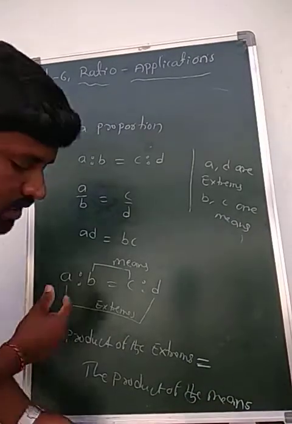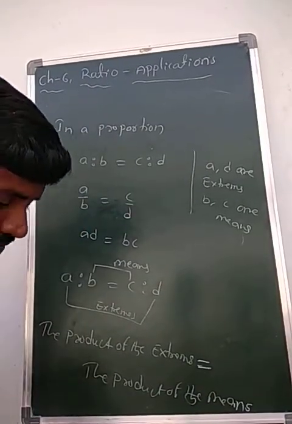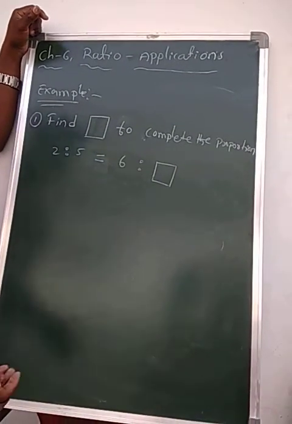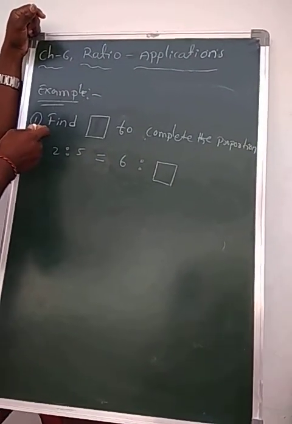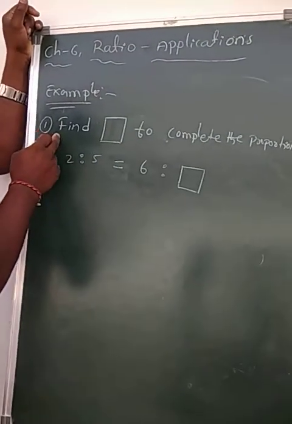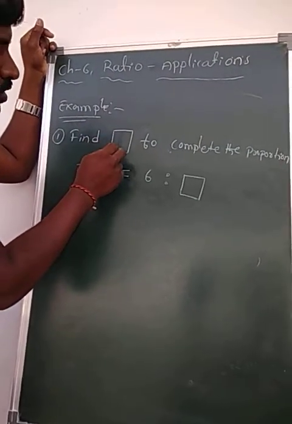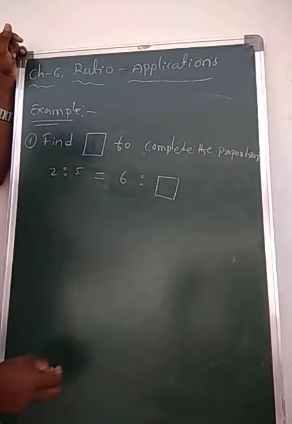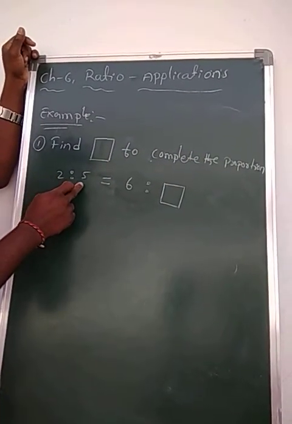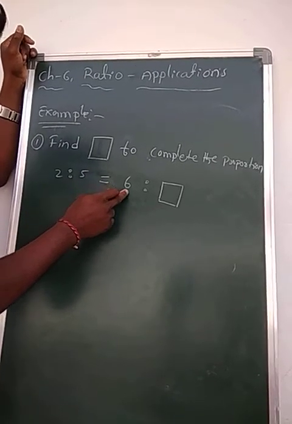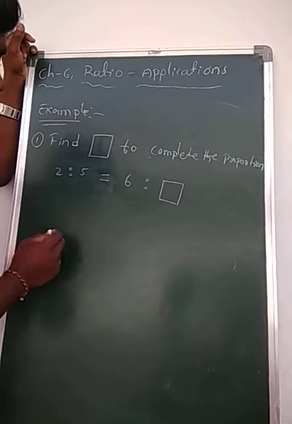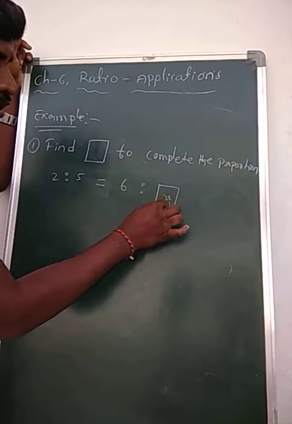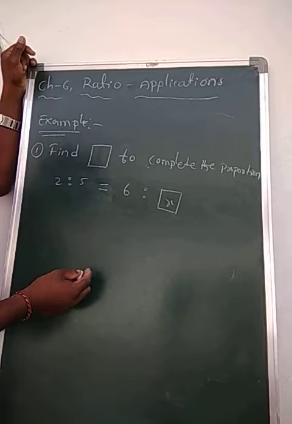Now see the example. Find the required value in that box to complete the proportion: 2:5 is equals to 6:, an empty box is given, so I am writing here x. I don't know the required quantity here.